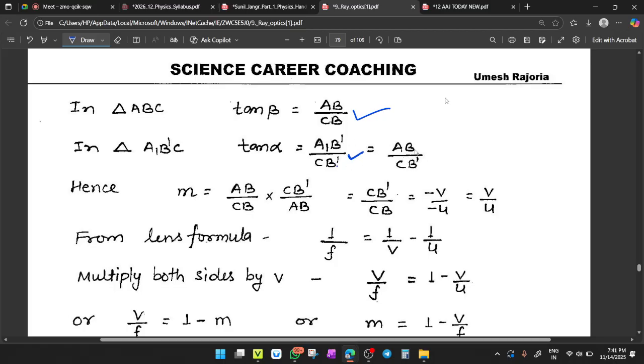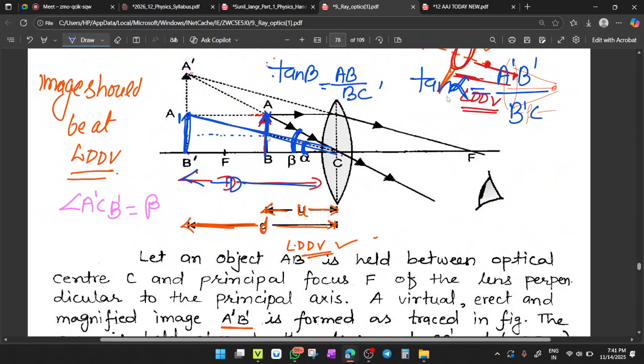A'B' is a parallel side, so it is equal because you have just slid it. So A'B' equals AB, the opposite sides of a rectangle are equal.